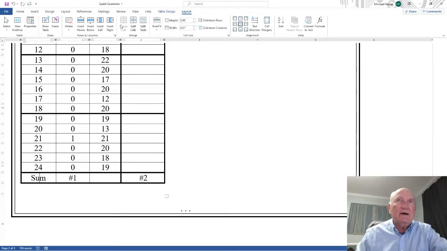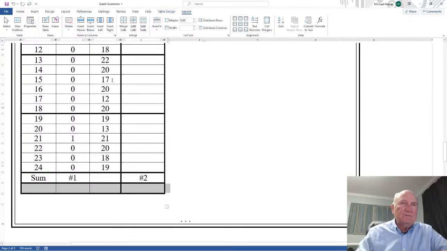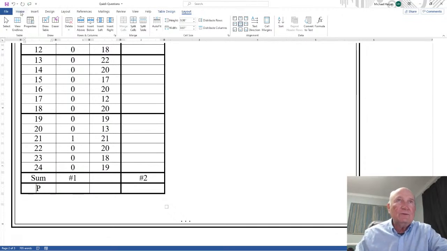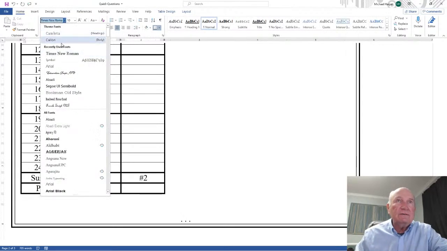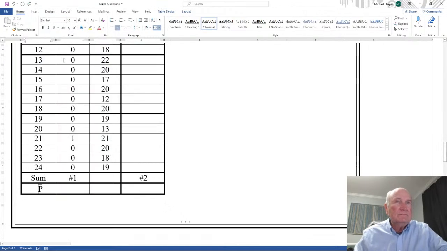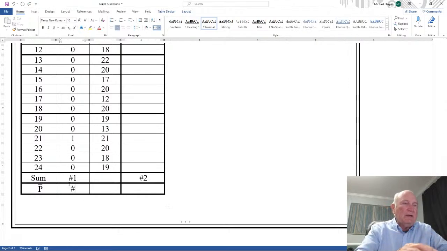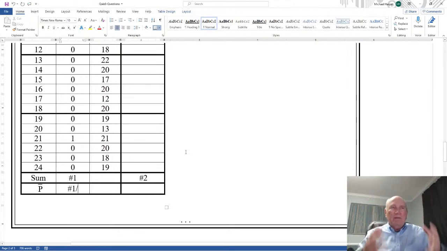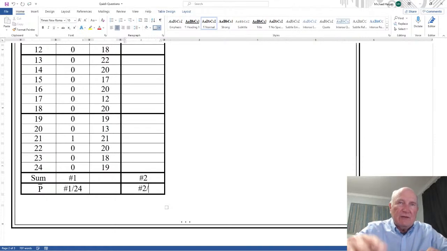let me go ahead and put this down to show you how this works. Now we want the P bar. Here we go. And what is this going to be? That's going to be my number 1 divided by the number in the experiment, which is 24. And this is the number 2 divided by the number in the experiment, which is 24.